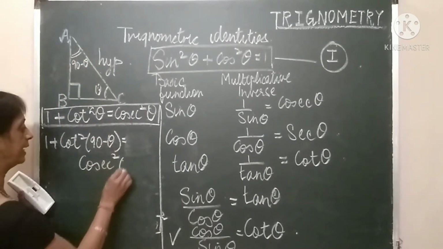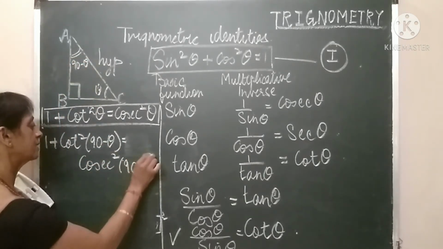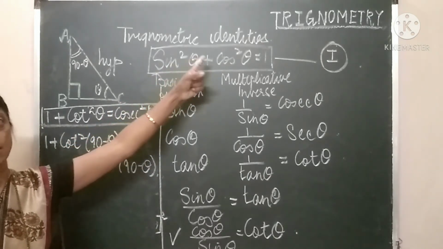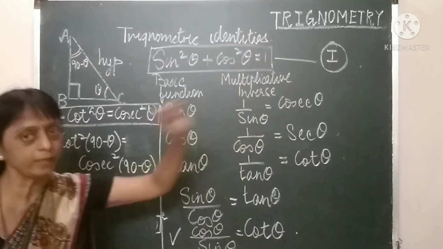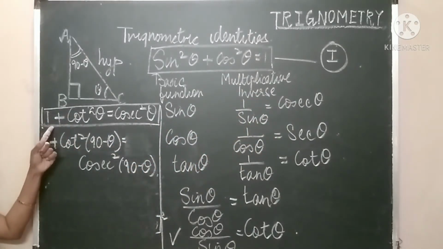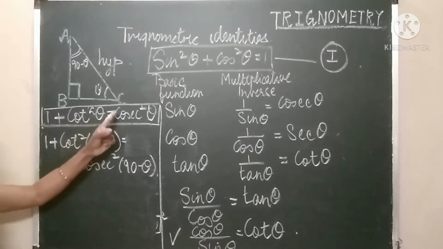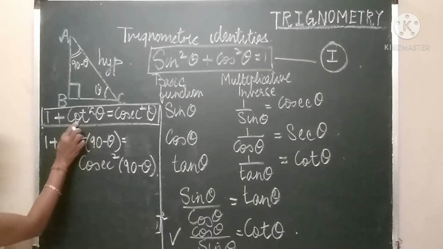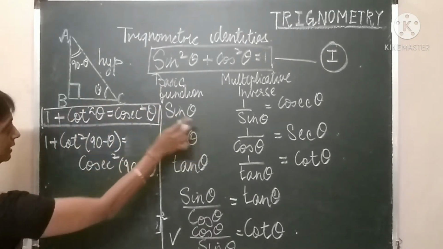So the first identity was sine square theta plus cos square theta is equal to 1. The second identity you concluded was 1 plus cot square theta is equal to cosec square theta. In other words, if you want to write it in the same frame, you can transfer cot square theta to the other side.